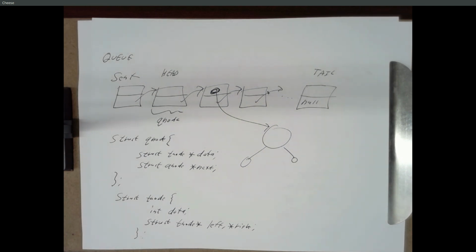So it's one of these things that if you really start trying to visualize a linked list whose data elements are nodes containing integers and pointers, it gets kind of confusing.